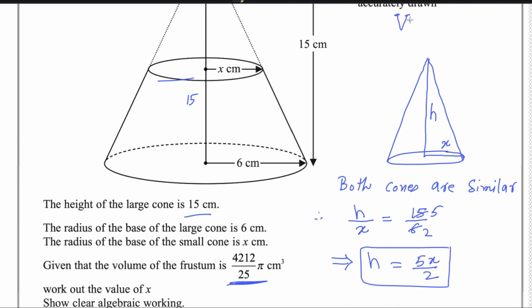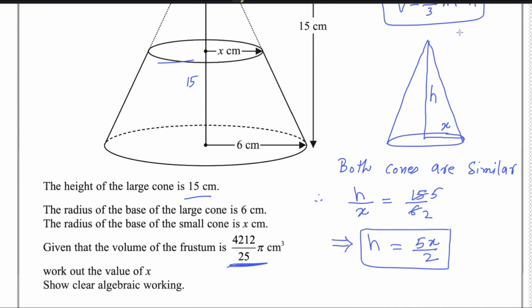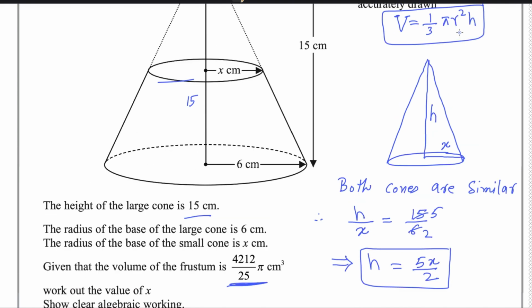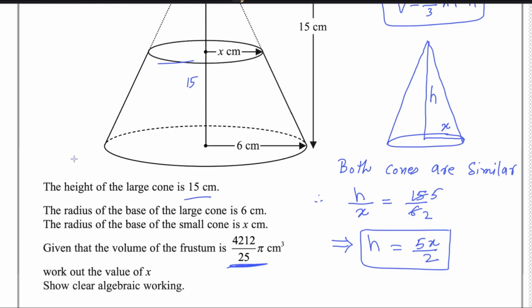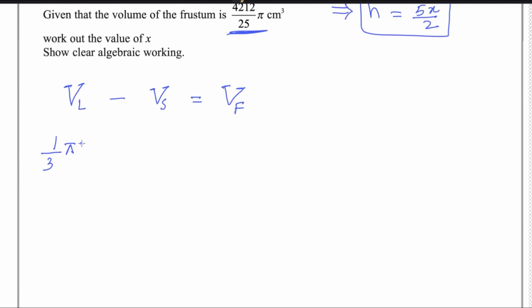For a cone, the volume is 1 over 3 pi r squared h. This is the volume formula. In the diagram, volume of large cone minus volume of small cone will be equal to volume of frustum. So for the large cone, the radius is 6, so we can write 6 squared multiplied by h, which is 15.